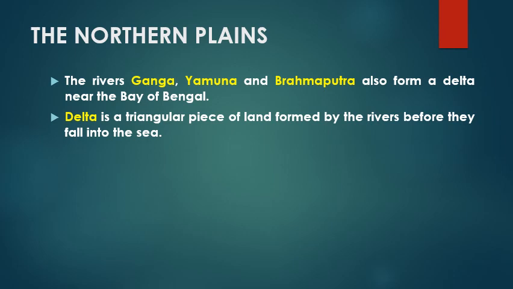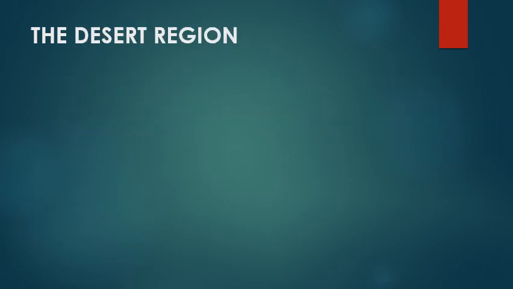So the Bay of Bengal is a sea, and these three rivers form a triangular piece of land before they fall into the sea, and this triangular piece of land is called a delta. Now we'll study the next physical feature or landform, which is the desert region.